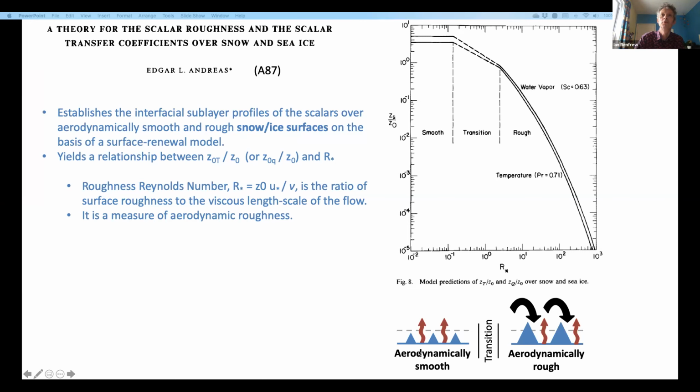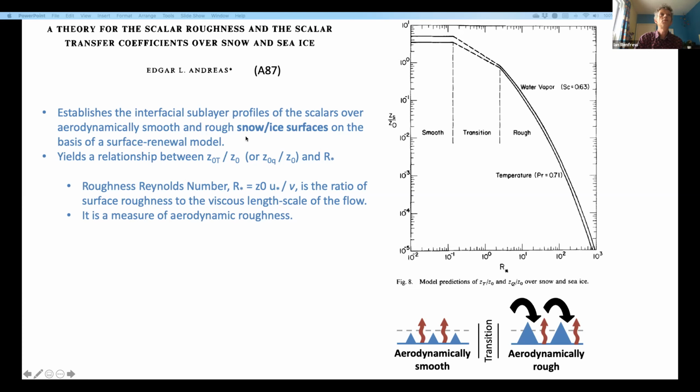So the Acacia data is basically all from this aerodynamically smooth regime where the atmosphere flows over relatively small roughness elements. So these blue triangles here are relatively small. Whereas in the IGP campaign, the roughness elements are much larger and you get enhanced mixing, and you get flow having to dive in between these roughness elements to allow moisture and heat exchange to take place.